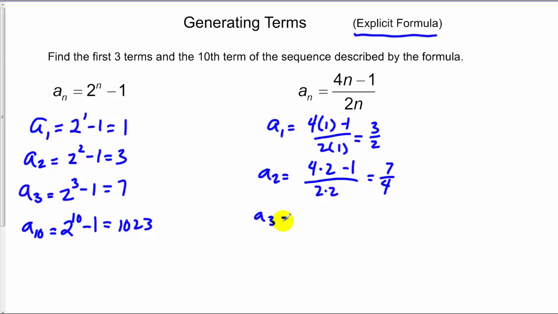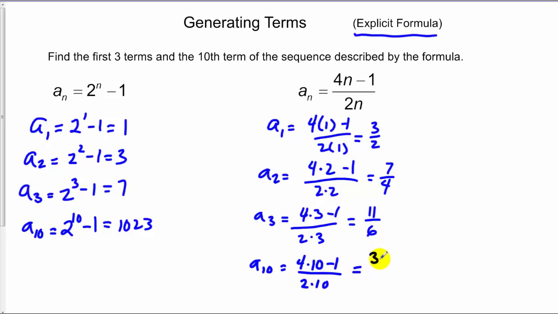Third term, 4 times 3 minus 1 over 2 times 3, which is 11/6. 10th term, 4 times 10 minus 1 over 2 times 10 is 39/20.